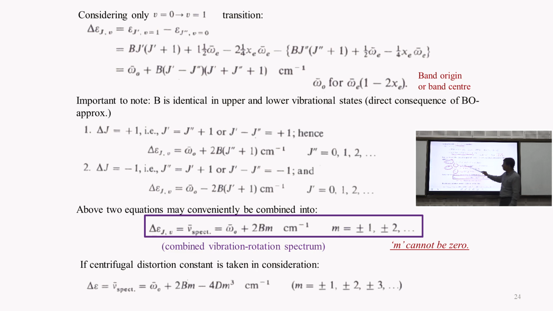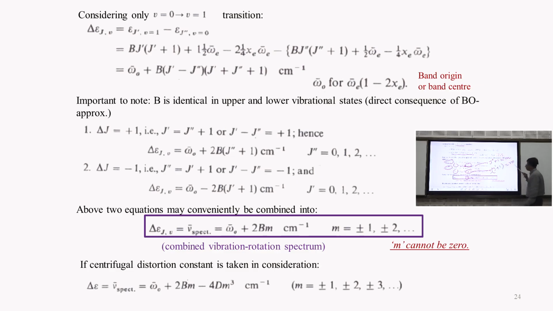These two expressions you can write in a common way: omega 0 plus 2Bm. So 2B is there. Here m in the first case is J double prime plus 1, and in the other case it is minus J prime plus 1.